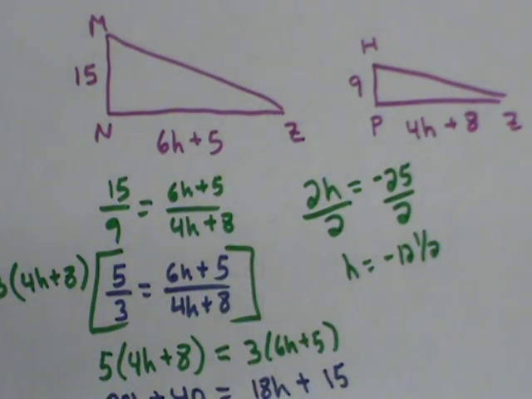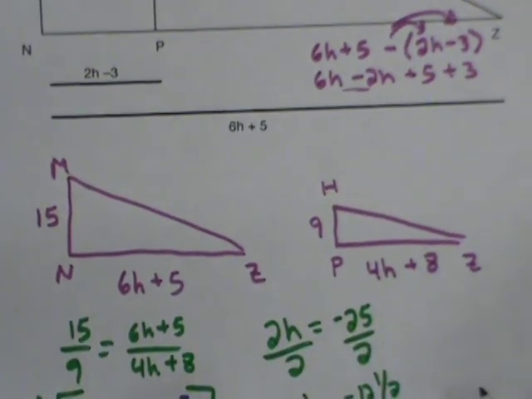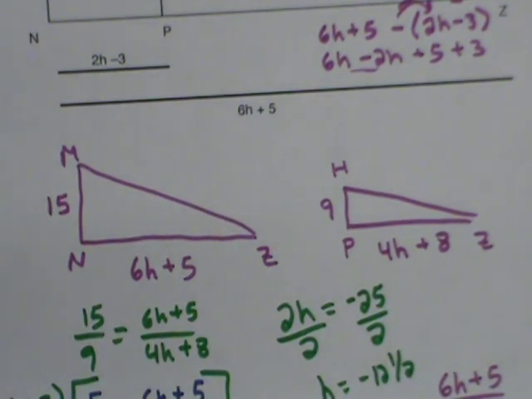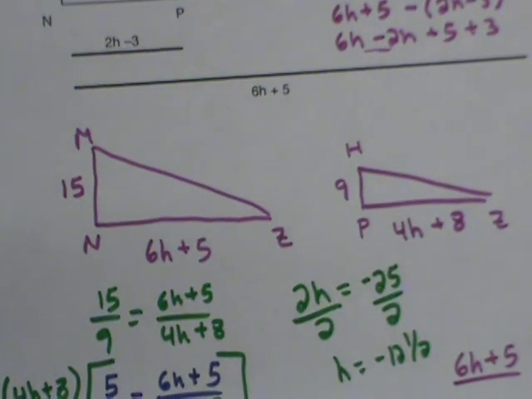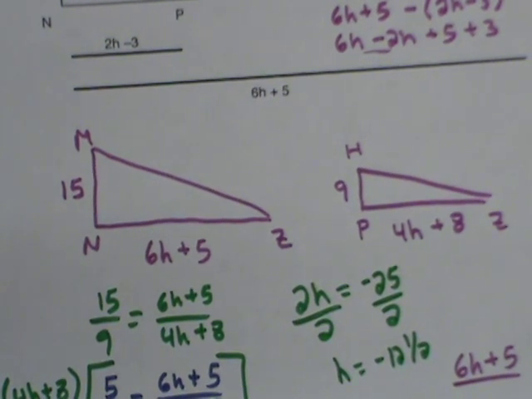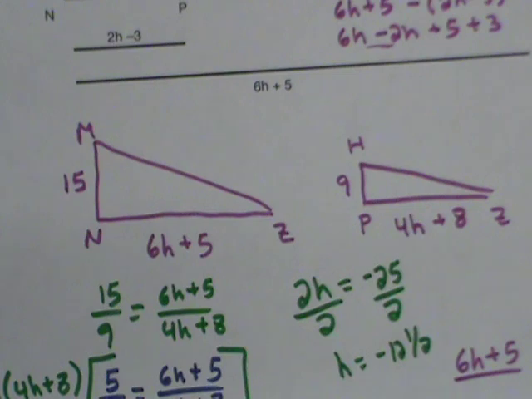Because I just throw these numbers together for your homework problems and for these examples, it's not perfect. In other words, I made a mistake. So when I plug this in here, I can still plug it in, we can still get an answer, but it's not a feasible answer. It doesn't make sense. 6h plus 5, I would say 6 times negative 12 and 1/2, which is negative 75.